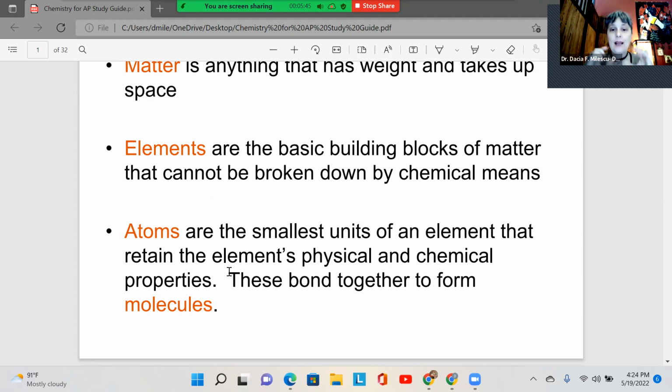So the atom, we're going to go over what does it consist of: protons, neutrons, electrons. So these all come together to form an atom, and bunches of atoms form together to form molecules. So it's a universe within a universe within a universe.